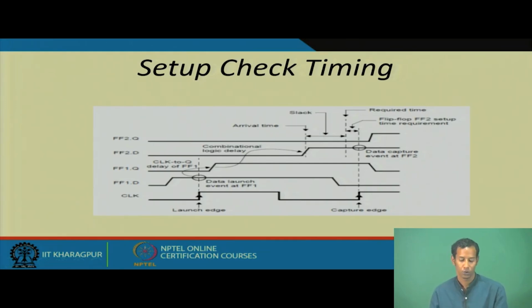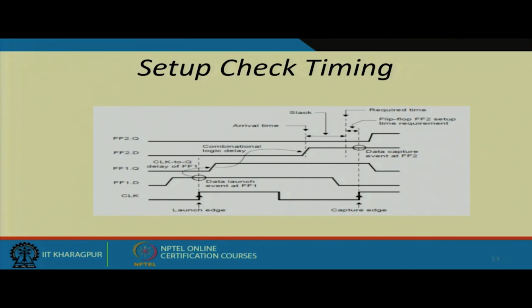This is how in static timing analysis the tool automatically performs the setup timing check. These are the basics of how the tool works when it runs static timing analysis on the digital circuit that we have designed.